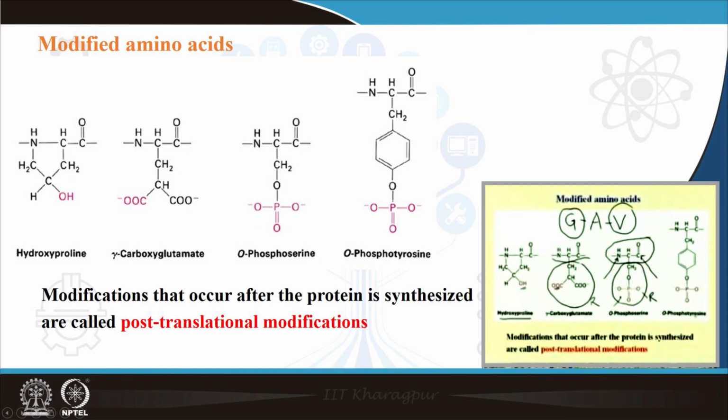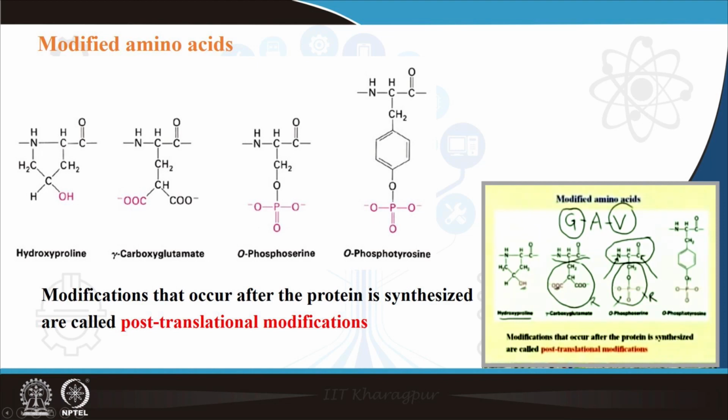We can have phosphotyrosine. Tyrosine, remember, is one of the aromatic amino acids that we studied the last class. What are the other two? They are phenylalanine and tryptophan. Okay, and so what do we have here? Instead of the OH that we would have for tyrosine, we have the phosphate attached to it. So it is now phosphotyrosine.